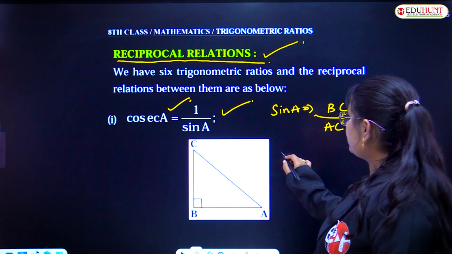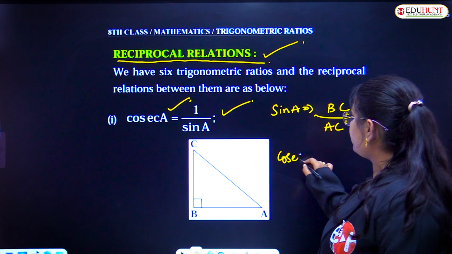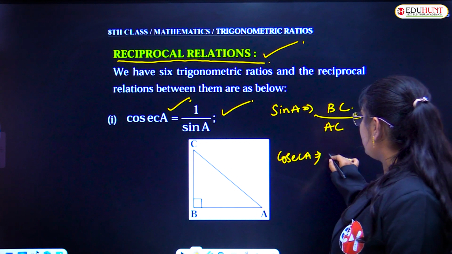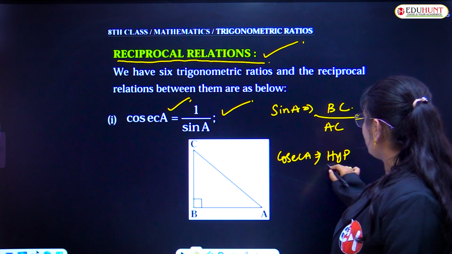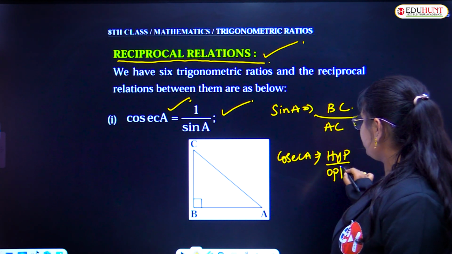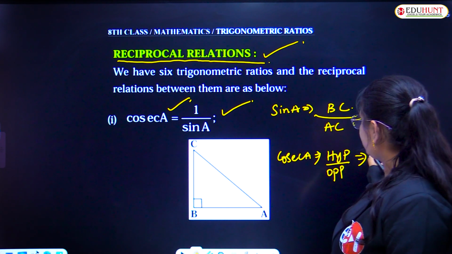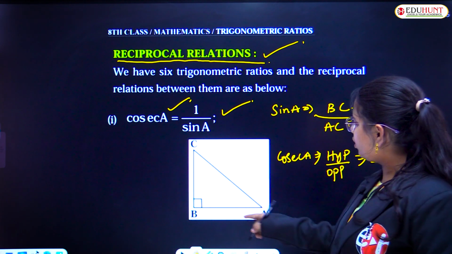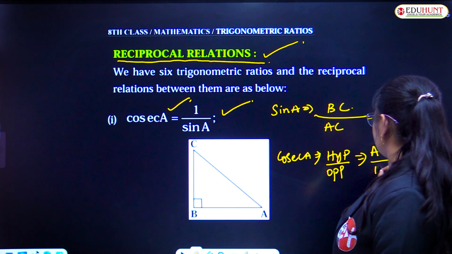Similarly, what is cosecant A from this figure? Cosecant A is hypotenuse by opposite. The hypotenuse is AC as usual, and the opposite is BC.